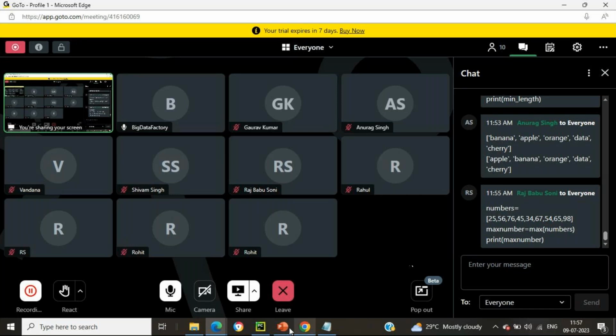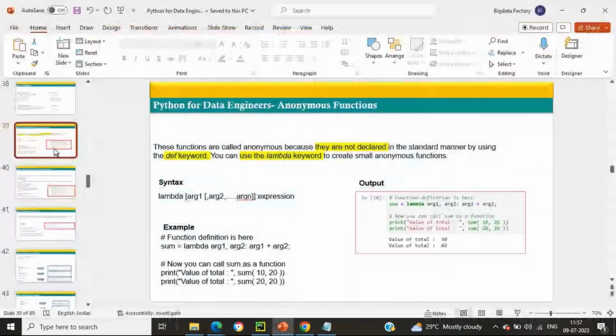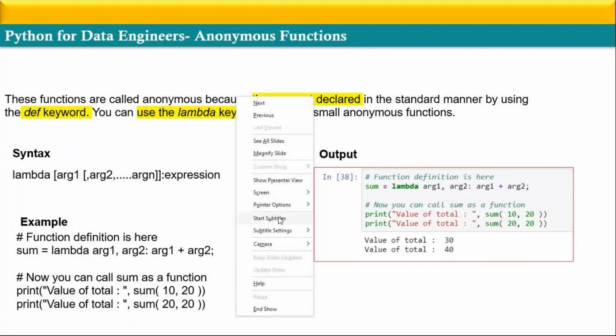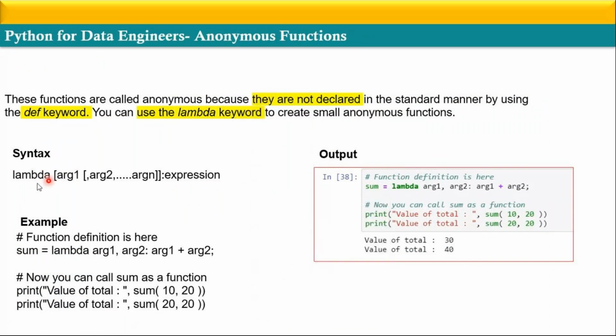Okay, so let me proceed with the presentation, what we have inside the presentation. Over here inside the presentation, we are able to see the syntax, how we can define a lambda function, and we have certain examples of how you will be able to work with lambda functions.